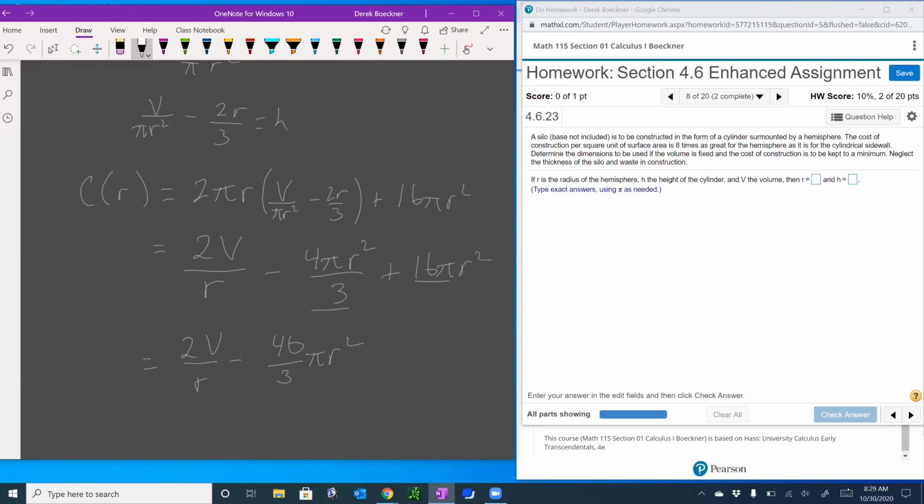Is that right? No, that's not right. 13 2/3, so 44/3. 42/3. 16 times 3 is 48, minus 4 is 44/3.